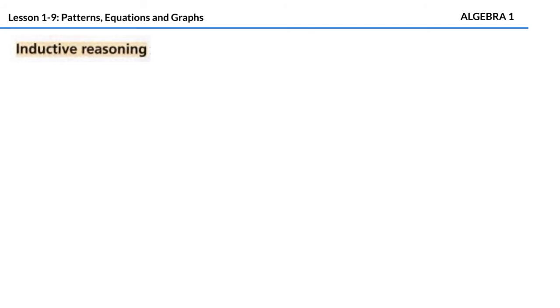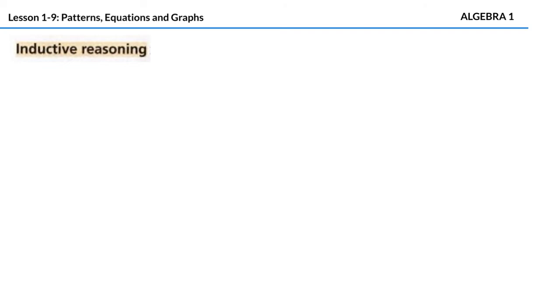What is inductive reasoning? Inductive reasoning is the process of reaching a conclusion based on an observed pattern. For example, you saw one crow and it was black. You saw a second crow and it was black.